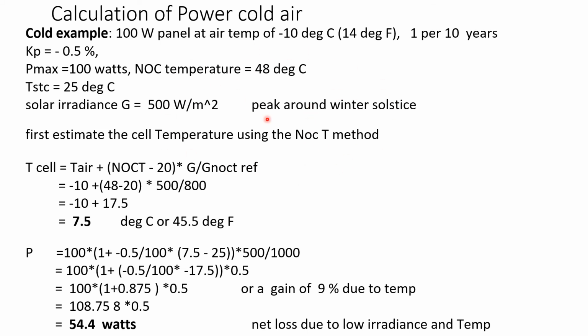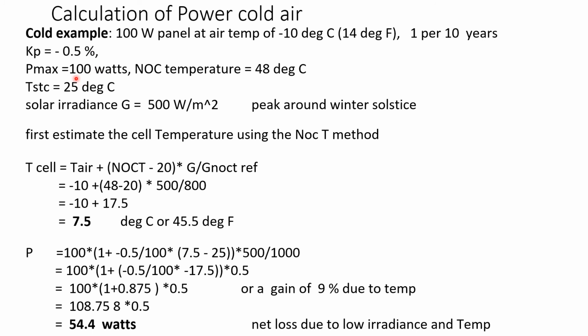Calculation of cold. Now, this is an interesting one. I'm using minus 10 degrees C, which is 14 degrees F. This occurs in my state about once every 10 years. I never really calculated duration. I wonder if it's 11, which would be equivalent to a sunspot cycle. Once again, I'm using a temperature coefficient of minus 0.5%.